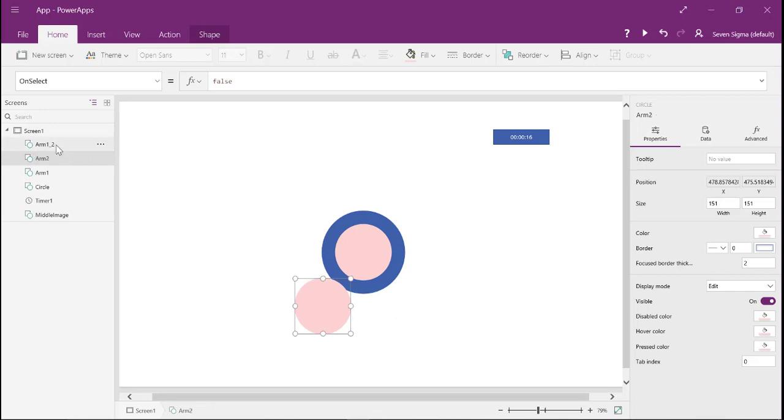Now, of course, they're in exactly the same position right now, just by virtue of having the same properties. So I've selected arm 2. What are we going to do? To change the location of the arms around the body of the spinner, because there are three arms, we're going to want them to be perfectly spaced. Each is going to be 1/3 of the spinner.